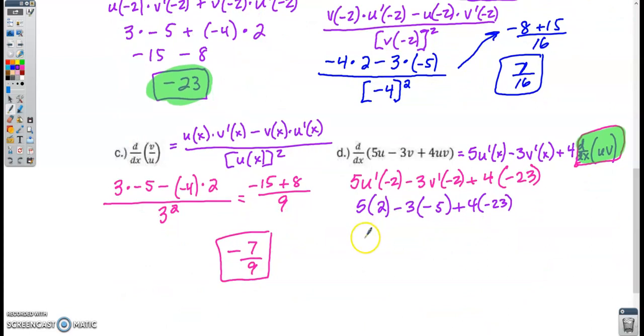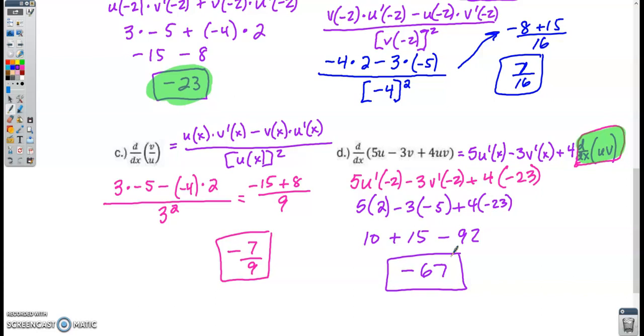Now I can do all my calculation, and I've got 10 plus 15 minus 92, and that gives me negative 67 for the value of the derivative of 5u minus 3v plus 4uv at x equals negative 2.